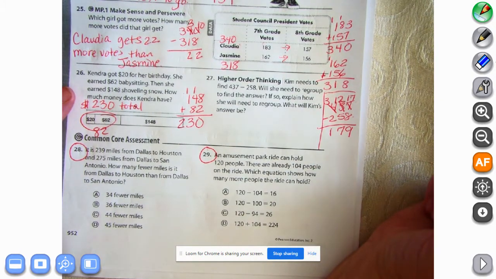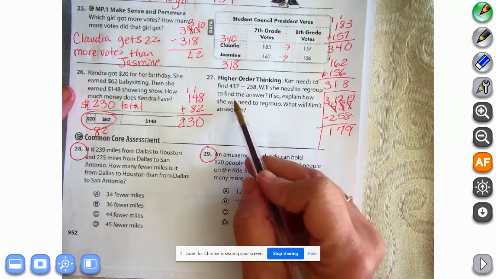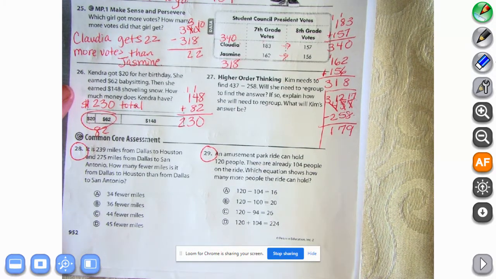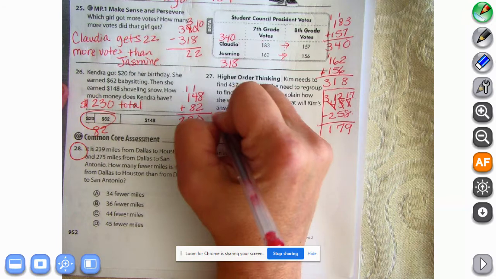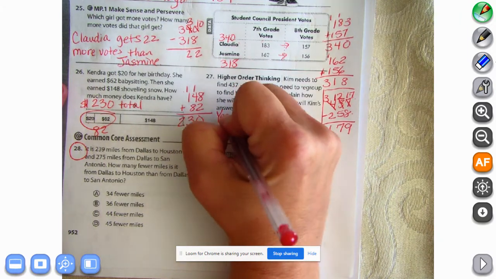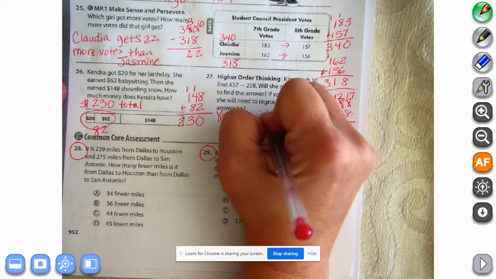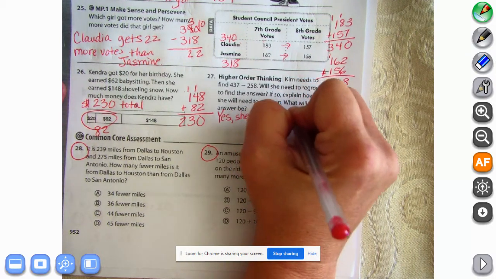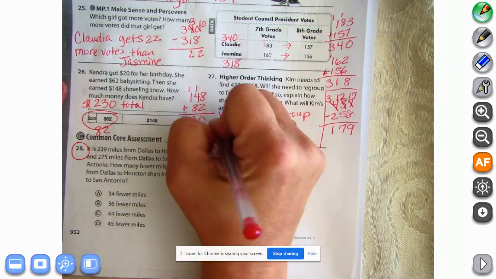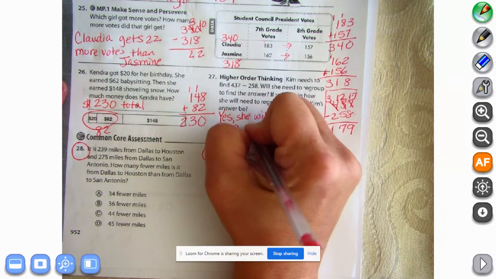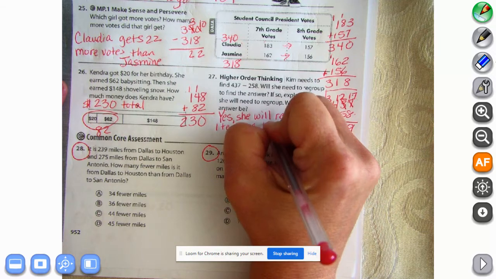Okay, so she will need to find 179. So, yes, she is going to have to regroup. She will regroup 1 ten. We took 1 ten as 10 ones.